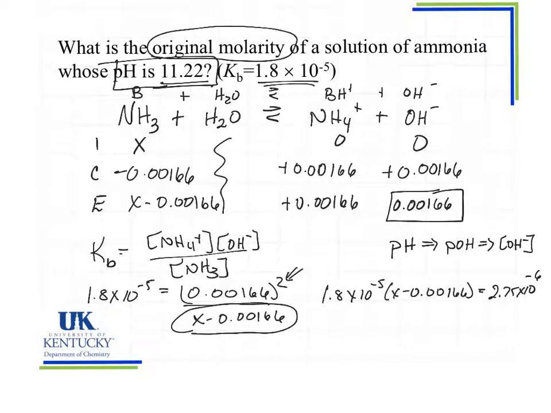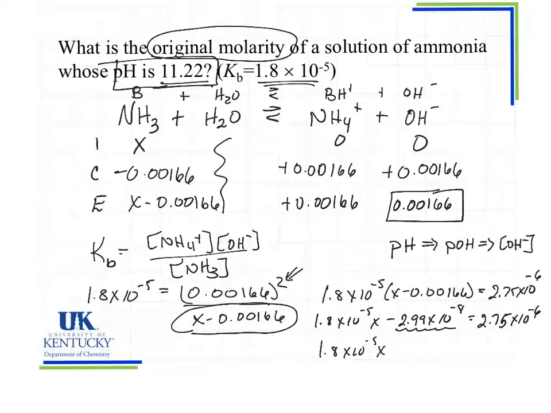I will do the distributive property. This is 1.8 times 10 to the minus 5, X, minus, when I multiply those two values, I get 2.99 times 10 to the minus 8, and that is equal to 2.75 times 10 to the minus 6. I will add this to both sides. That will give me 1.8 times 10 to the minus 5 X is equal to 2.78.